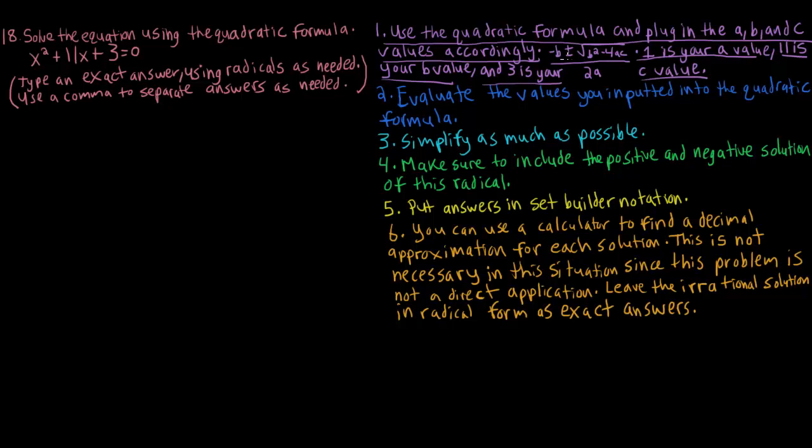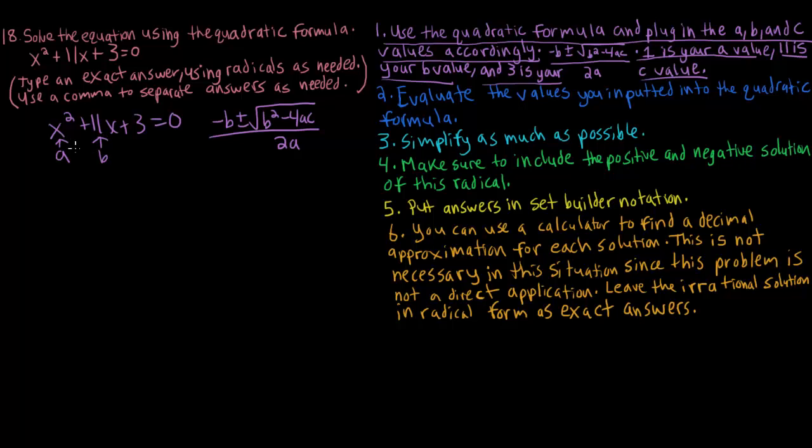So if we write the equation again, x² + 11x + 3 = 0, we know that the quadratic formula is negative b plus or minus the square root of b squared minus 4ac, all over 2a, and then our a value is going to be the x, our b value is going to be 11.